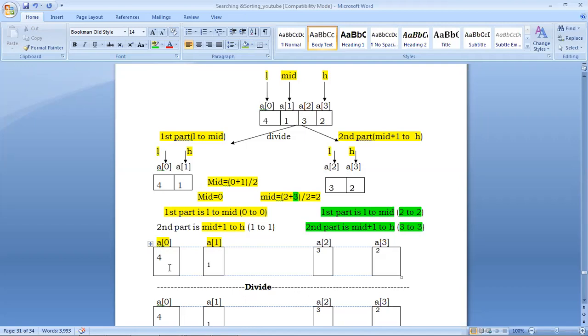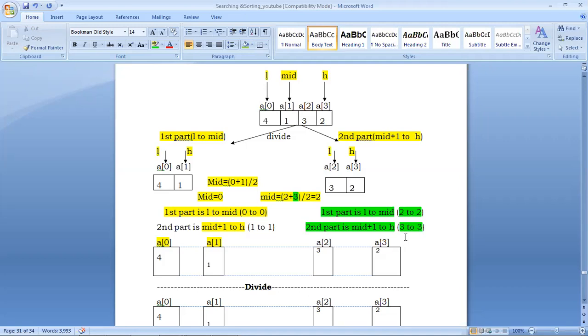A of 0 is one array, A of 1 is another array. Again, if you observe the second part, it is divided into two parts. A of 2 is one part, A of 3 is the second part. So how do you divide it? Logically based on the mid position or mid index. How do you calculate mid index? L plus H divided by 2.